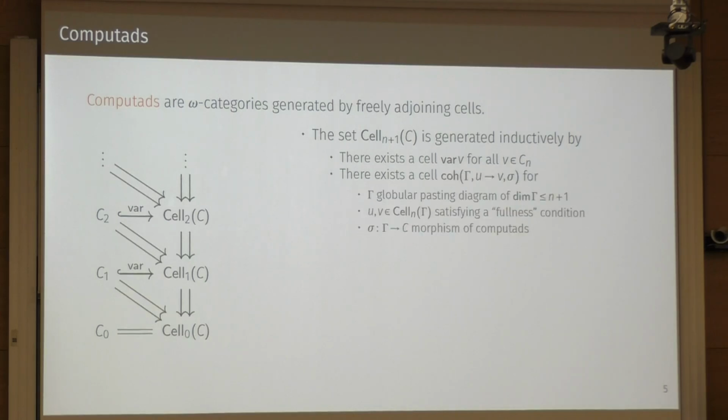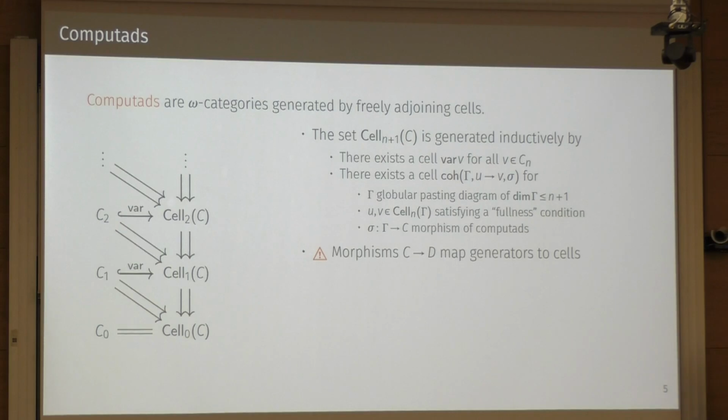And secondly, we have this rule that says that every time I have a pasting diagram, some collection of cells that should be composed inside a computad, and I specify a way to compose the source and a way to compose the target, this is what the U and V play in this picture, then I get a way to compose. Then I can produce a new formal composite of those cells. And depending on the dimension of the pasting diagram, this gives us both the composition operations that we want omega categories to have and the coherence operations that we want them to have.